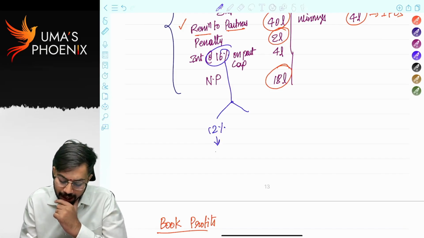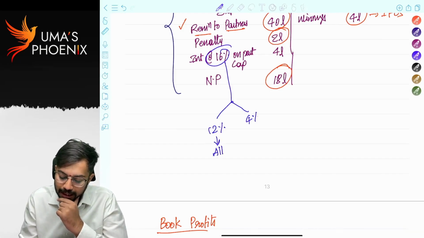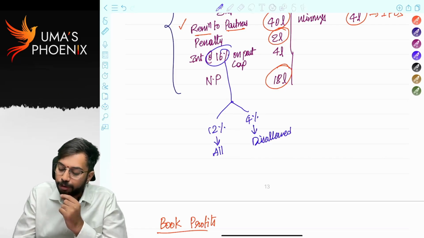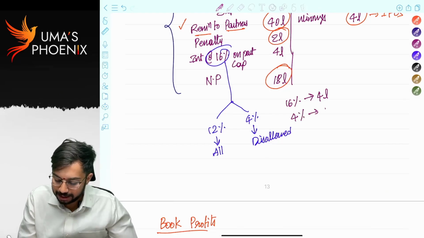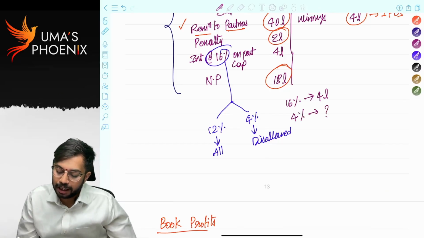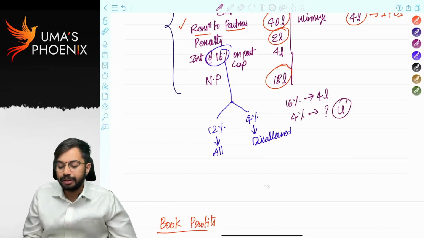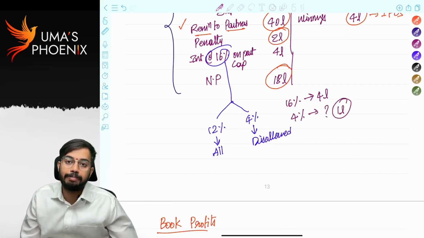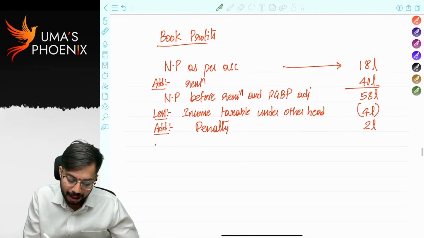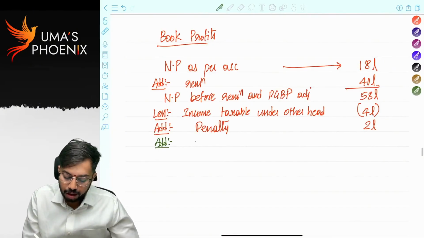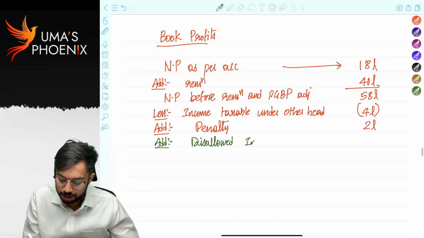So 12% allowed, 4% disallowed. Correct? Now, how much is 4%? For 16% interest is 4 lakhs. For 4% how much is it? Do the calculation. For 4% it is 1 lakh. So 1 lakh interest on partner's capital is disallowed. So, add back disallowed interest on partner's capital. How much?